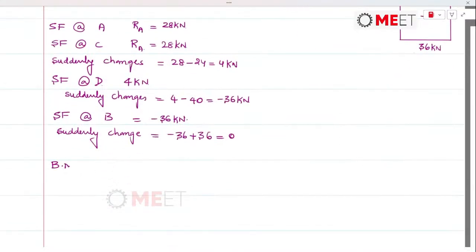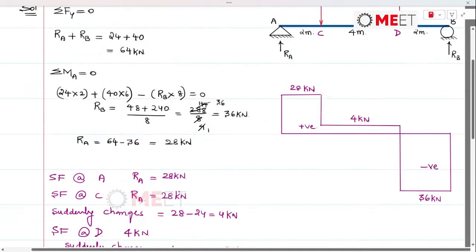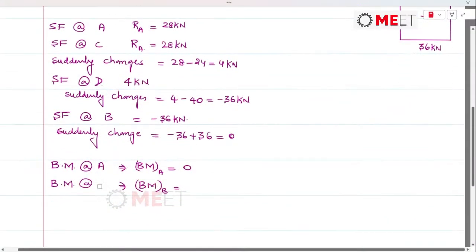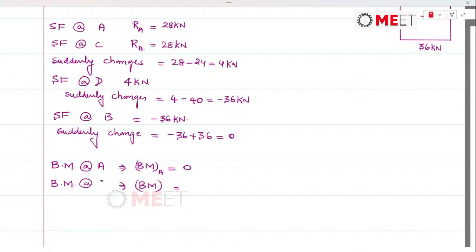So now is the computation of bending moment. So bending moment at A will be 0 as it has got a hinge support. So BM at A will be straight away equal to 0. Bending moment at B will be, we need to calculate at C, because B is the roller support, so C needs to be calculated.